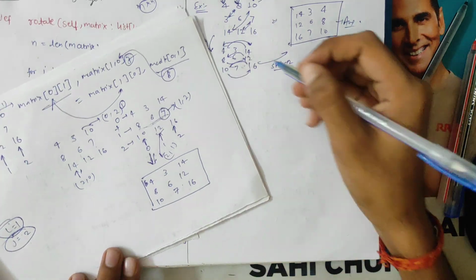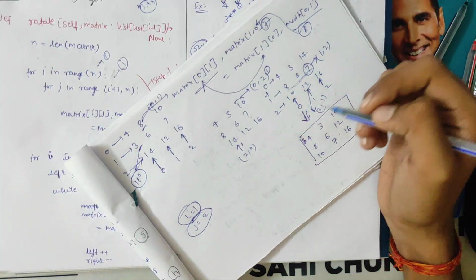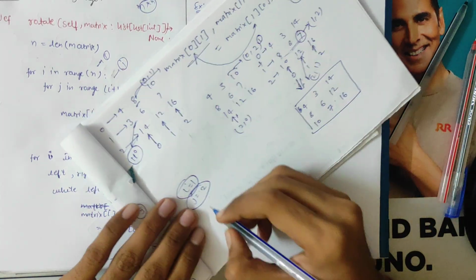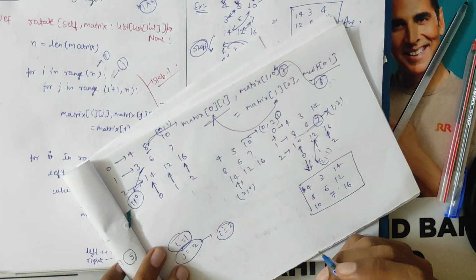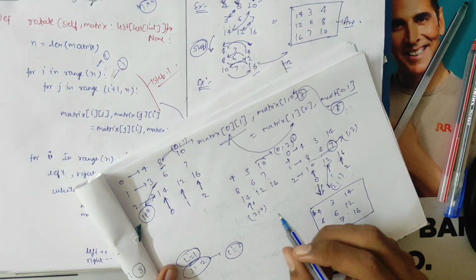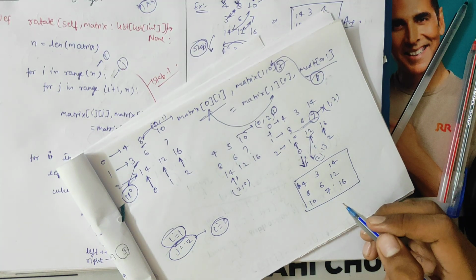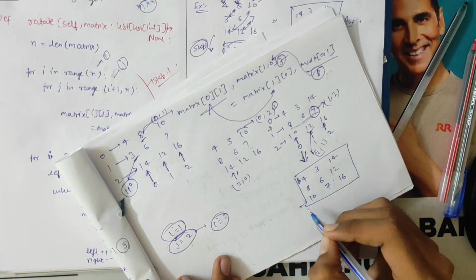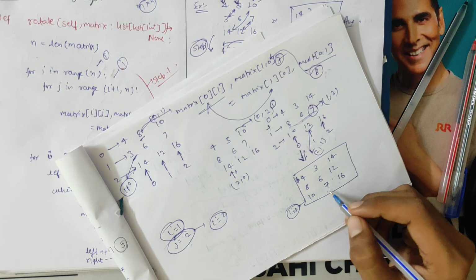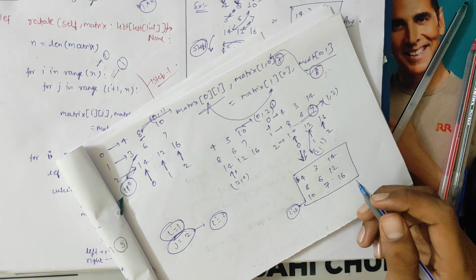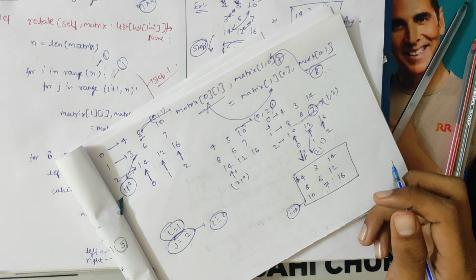Our first part is done, because j can't go more than that. If we increase the value to i equals 2, there is no element present which we need to swap, because for i equals 2 we have 10 and 7, which are already swapped with 14 and 12, right?